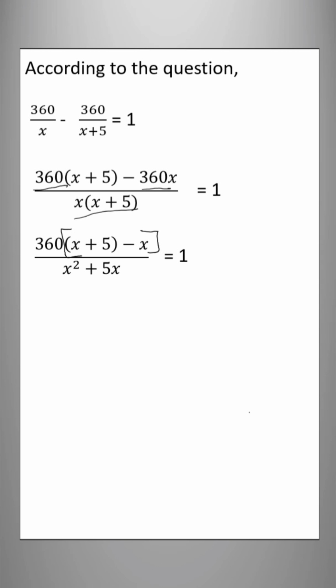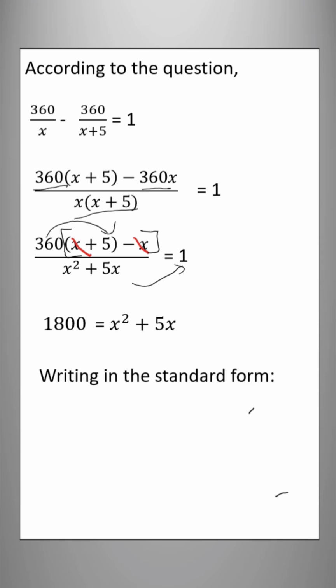Here x and minus x get cancelled. So now multiply 360 and 5. You will get 1800. Transpose this to this side, is equal to x square plus 5x. Now write it in the standard form. x square plus 5x minus 1800 is equal to 0. Now factorize.